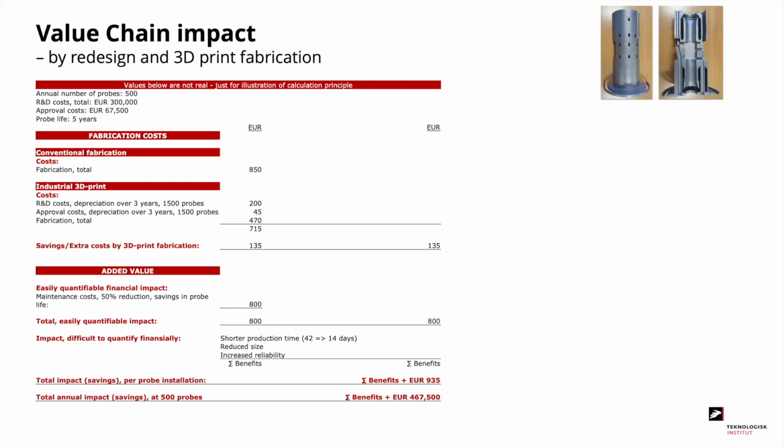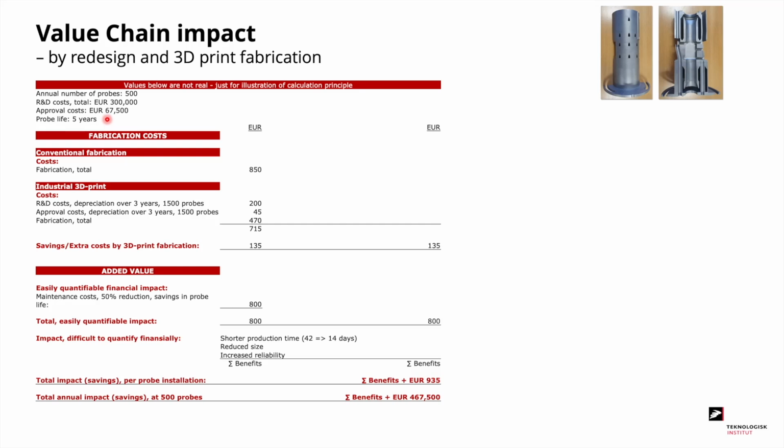Applying figures to this case, we have this overview. The values are not exactly real, but they are just for illustration of the calculation principle. We assume the annual number of probes to be 500, the R&D costs to be 300,000 euro, the approval cost 67,500 euro, and a probe life of at least 5 years.